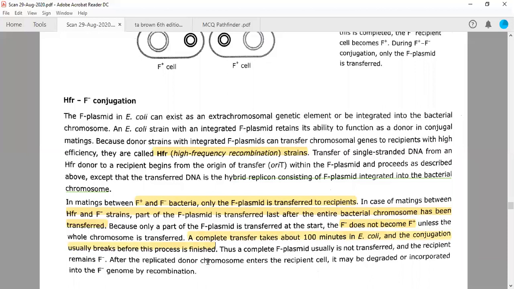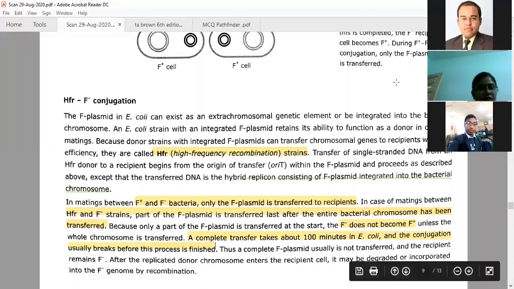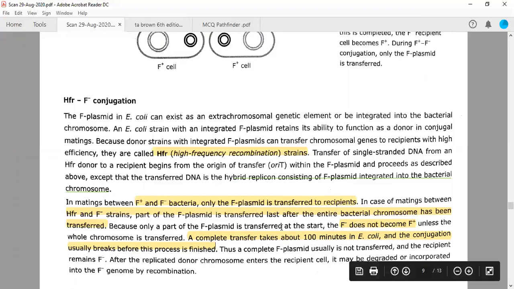This tube or the pilus is broken before the conjugation is finished. Because it is a long, time-taking process, it will take about 100 minutes to completely transfer the bacterial chromosome plus F plasmid from Hfr or the donor bacteria to the F negative or recipient strain, right? So this is very important. This time factor is very important.